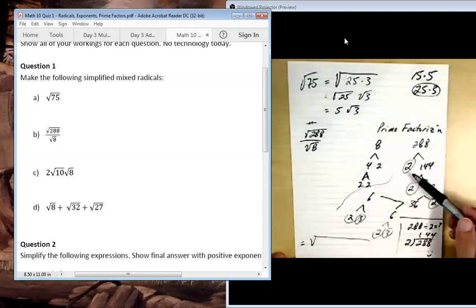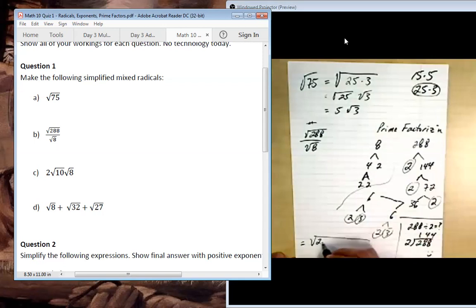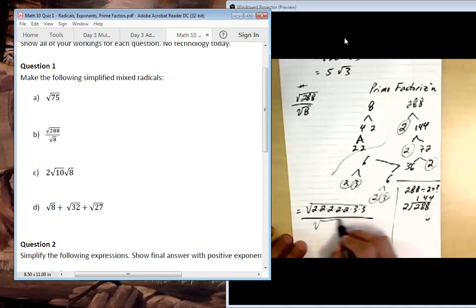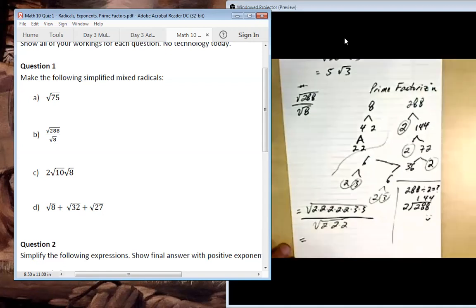So that's 5 2s, and then 2 3s multiplied together like that. From the 8, we got 2, 2, 2 like this.